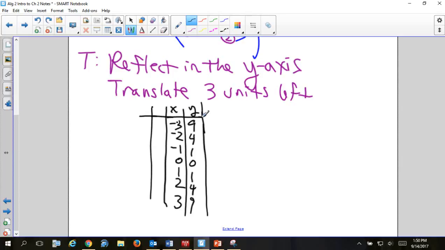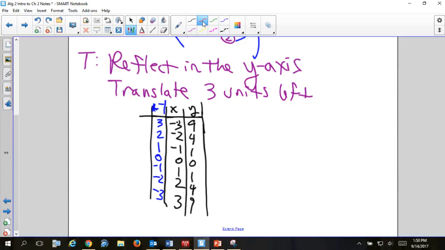So when we reflect in the y-axis, we are multiplying the x's by -1. So you look at your x's and you multiply all your x's by -1. 3, 2, 1, 0, -1, -2, -3. You always multiply before you add or subtract. So that's why we did -1 first.